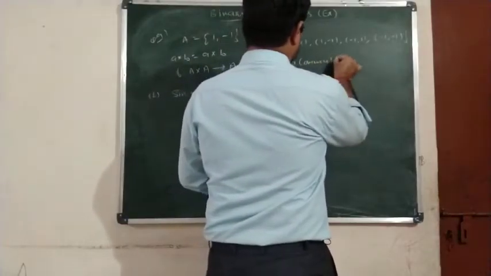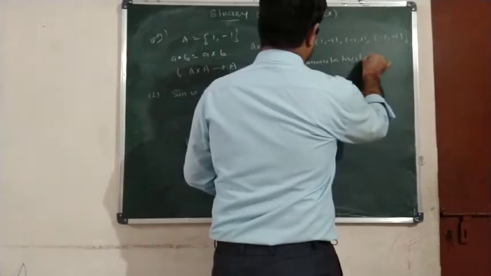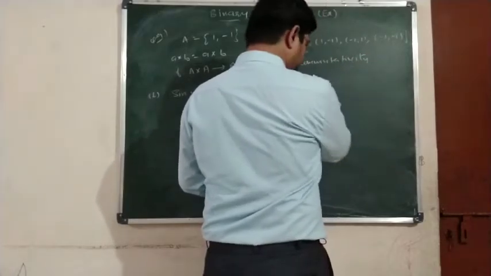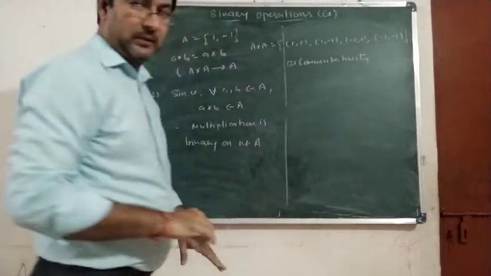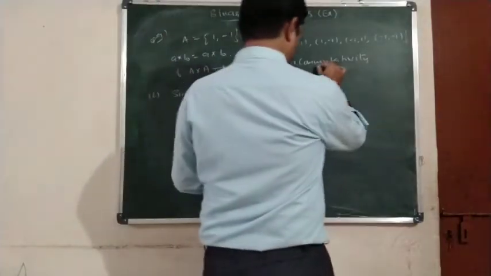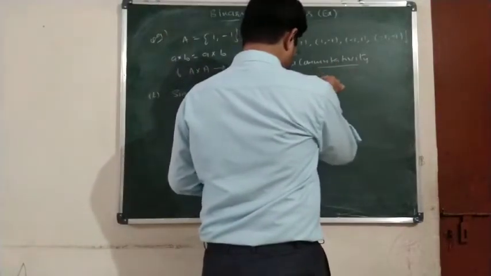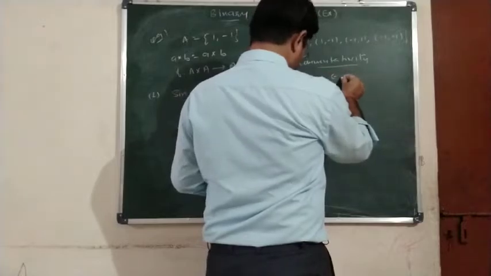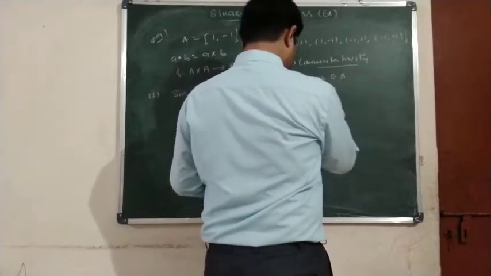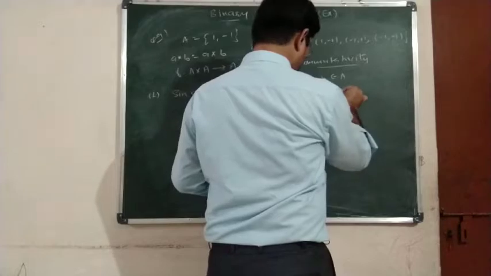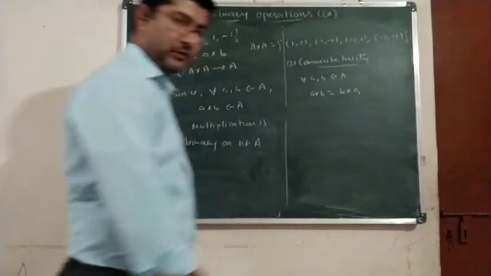Now number 2, commutativity. Obviously the multiplication is commutative. Okay, so for all a, b belonging to set A, a multiplied by b will be equal to b multiplied by a only.